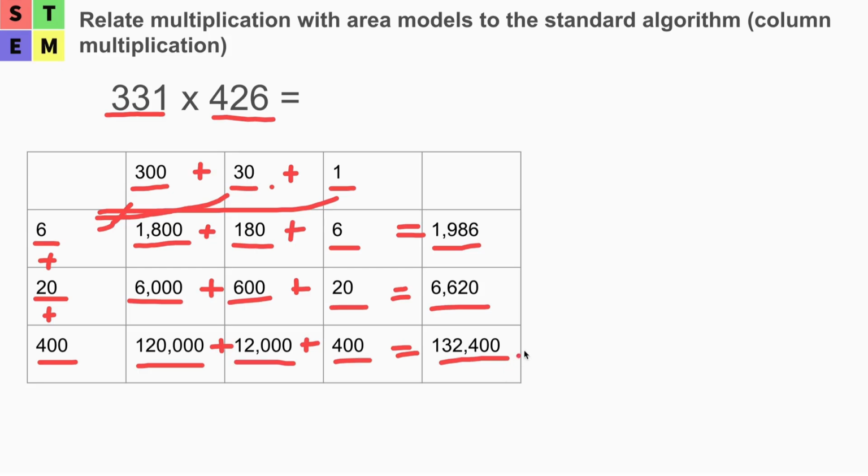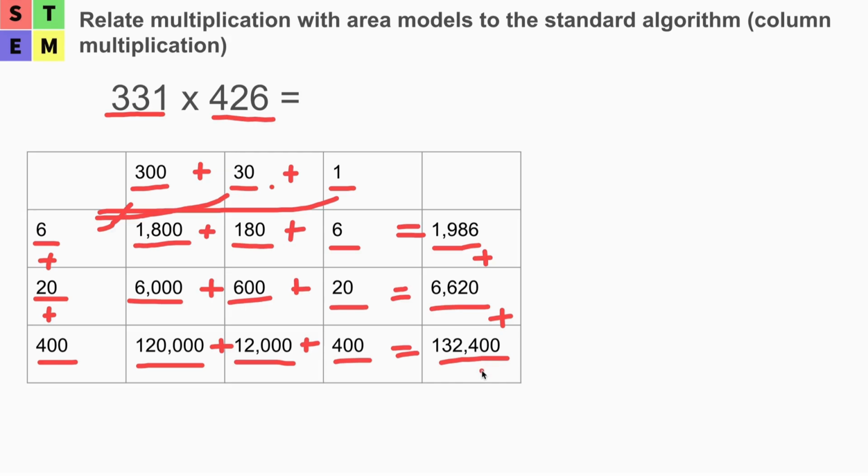The next thing we're going to do is add them together. So 1,986 plus 6,620 plus 132,400.